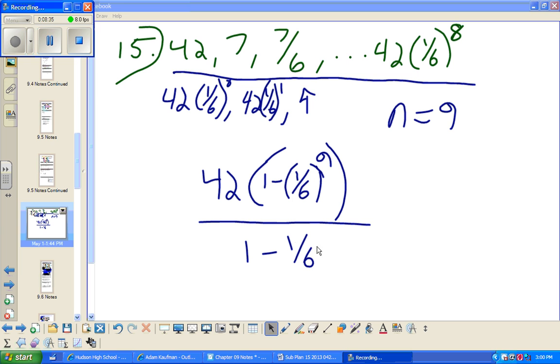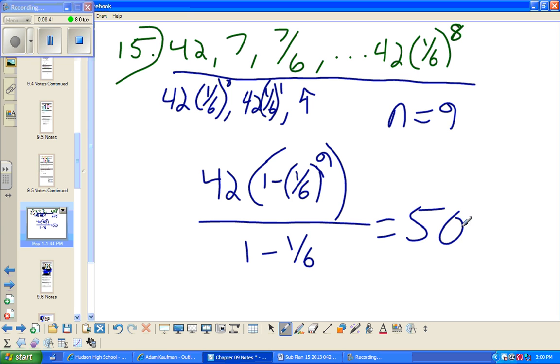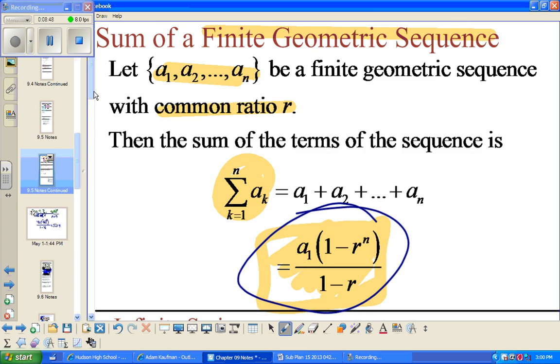Then divide that by 1 minus r, and that'll give us the sum, which in this case is about 50.4. And that's just a simple application of what we were just discussing.